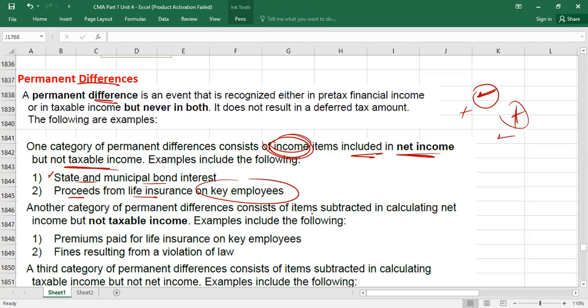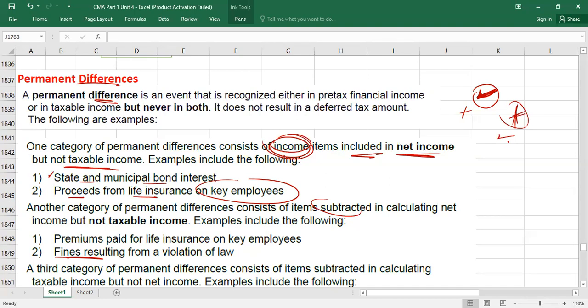Let's have a look at the expenses side. For example, as I gave you the example, fines are always recorded as expense under accounting, but tax authorities don't accept it. There are plenty of examples.